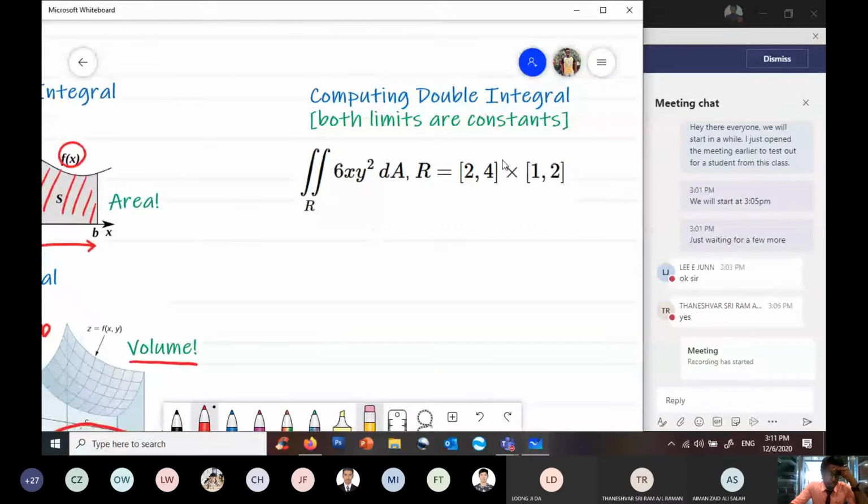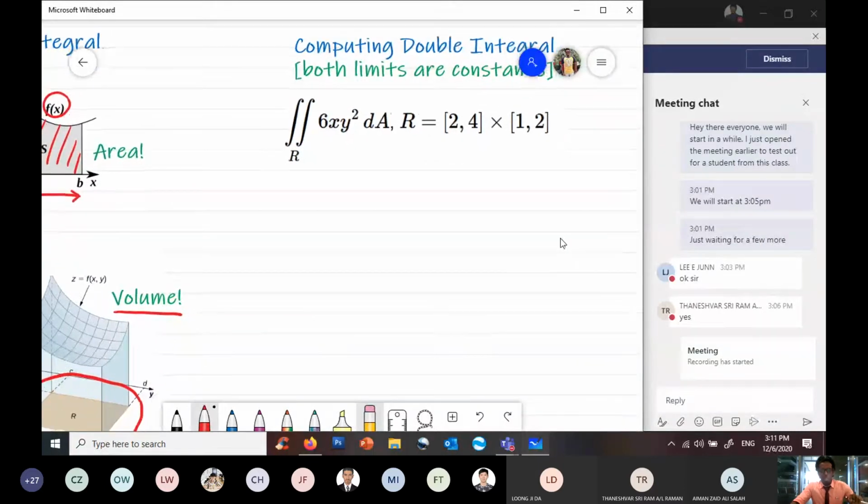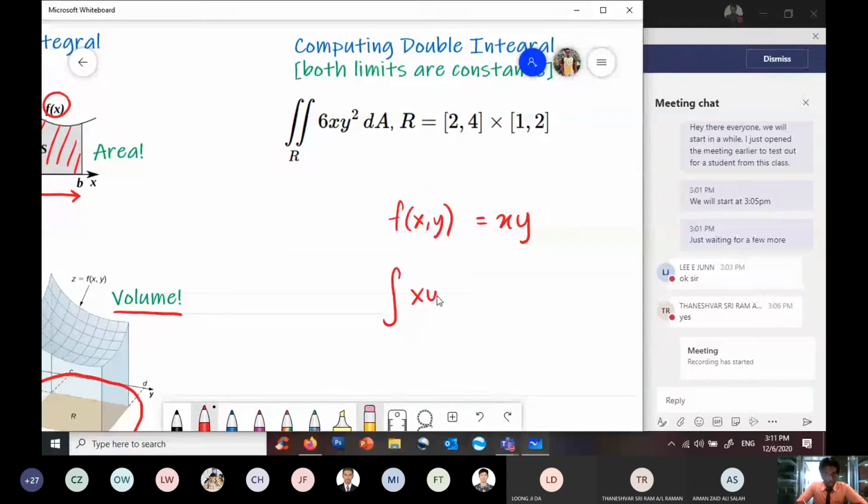This example might be a bit sudden. Let me start with another cooked up example. Imagine you have a function, let's say just xy. I want you to integrate this function xy with respect to dx.